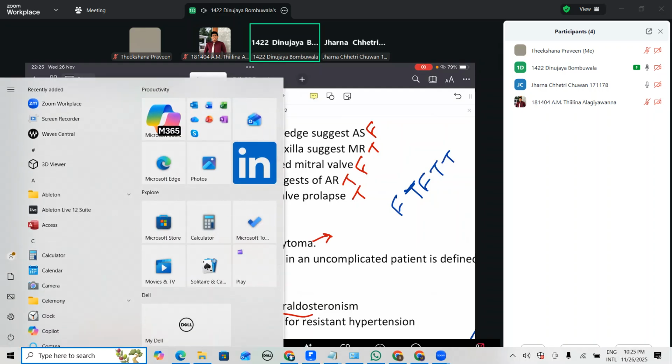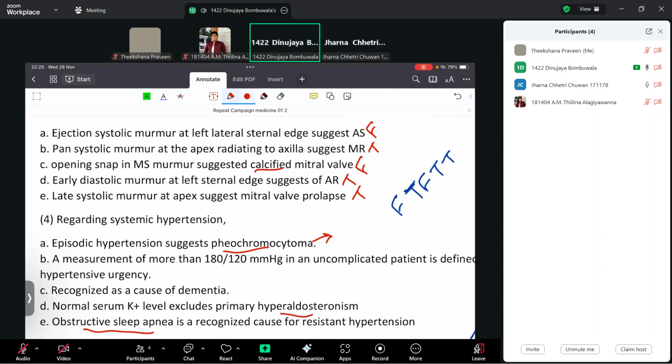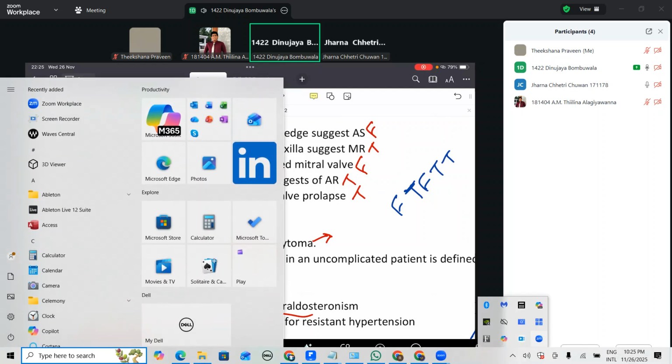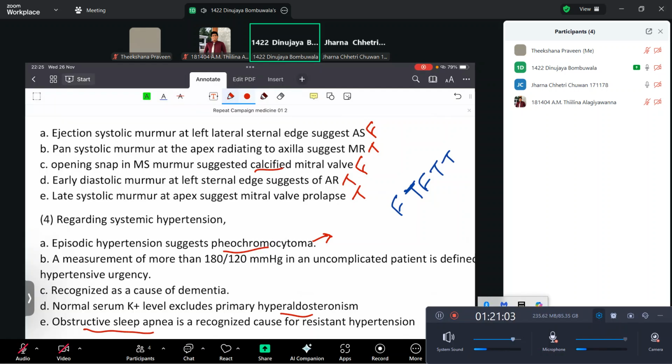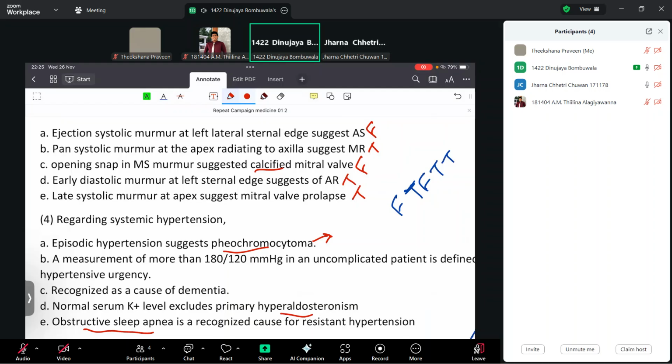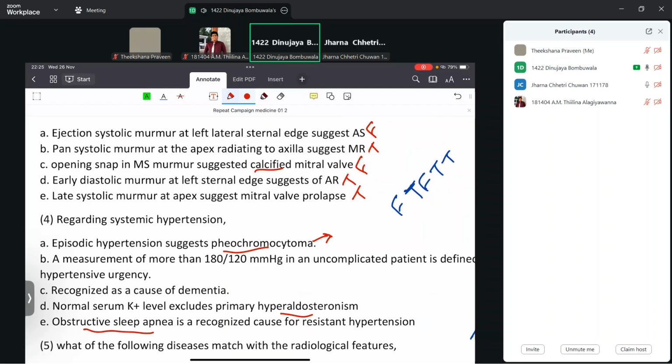So only during those times we get symptoms of headache, palpitations, and increased blood pressure, but not all the time. In hyperthyroidism, those symptoms will be present during most of the day. So clinically we can suspect pheochromocytoma if it is episodic. So this one is true.